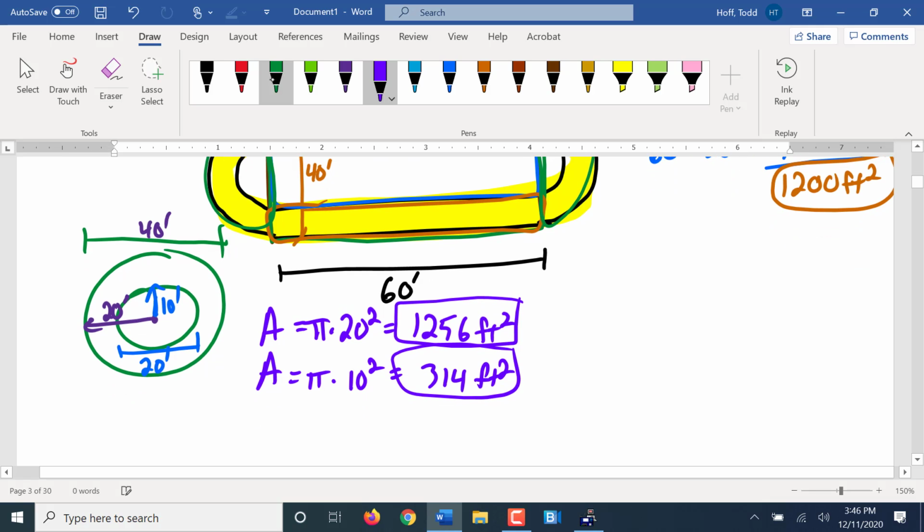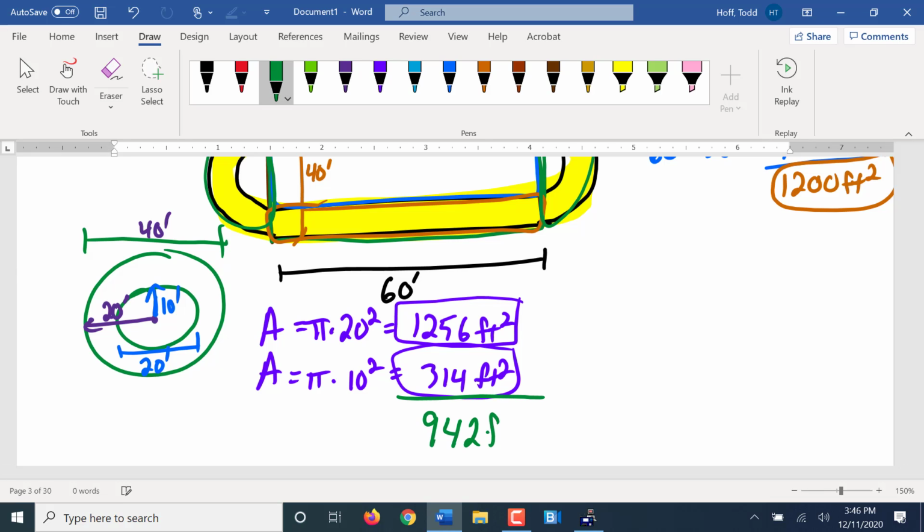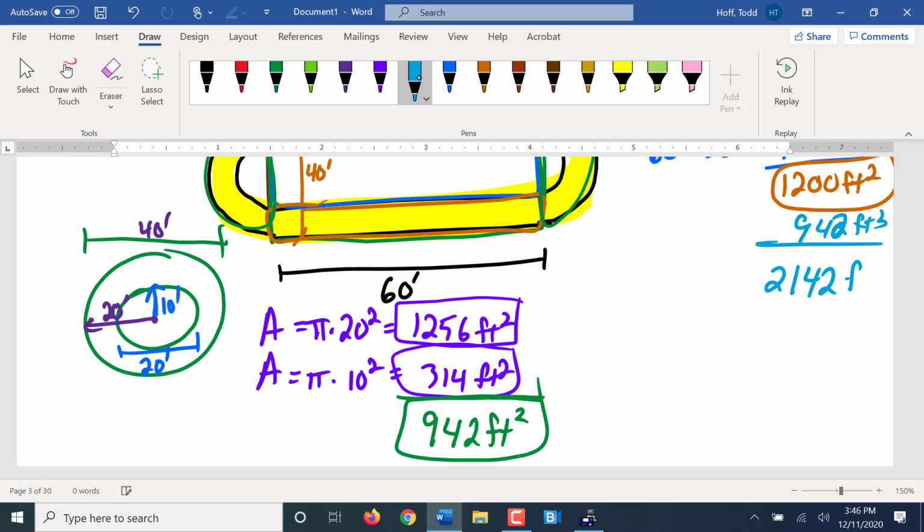We're going to subtract that. The difference will be 942. So what do we do with that? Add it to the 1,200. Giving us 2,142 square feet is the area.